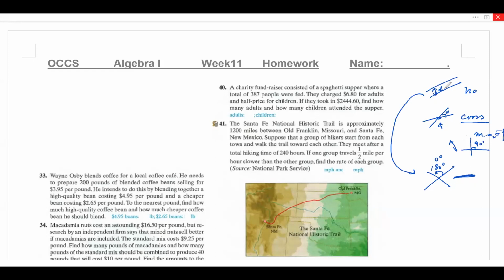If two lines are parallel, there is some distance between them. If the distance is 0, they overlap. Like this situation, there's an angle, and when the angle becomes 0 or 180 degrees, they also overlap. So overlap is a special situation of parallel and a special situation of crossing, right?